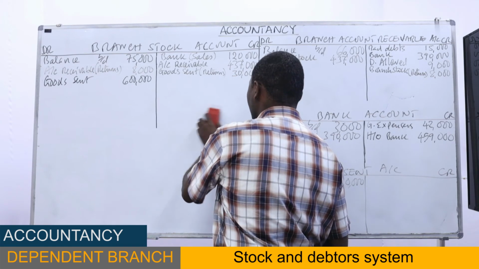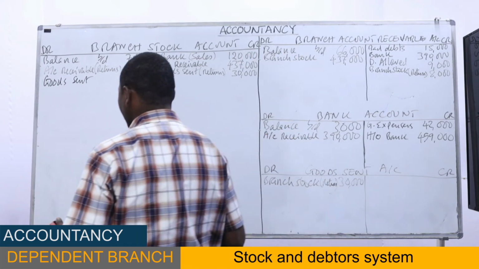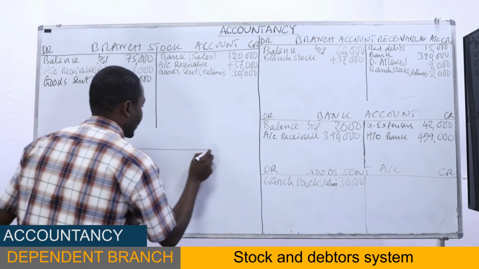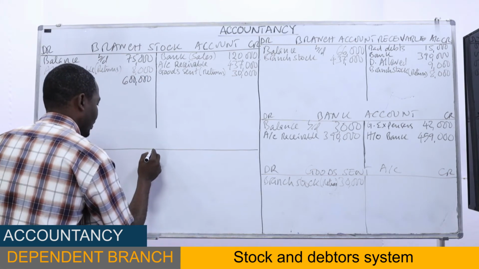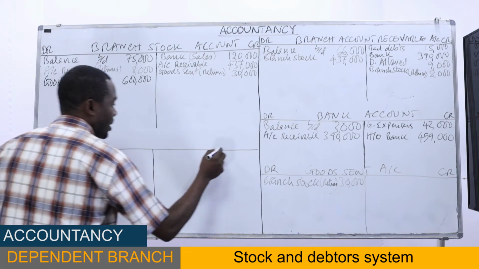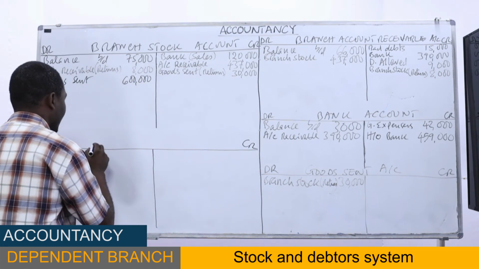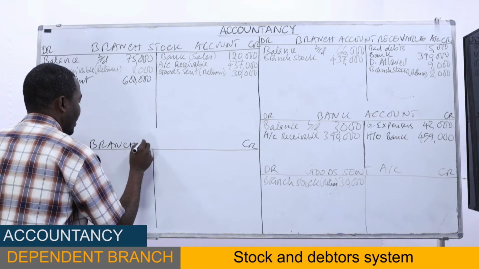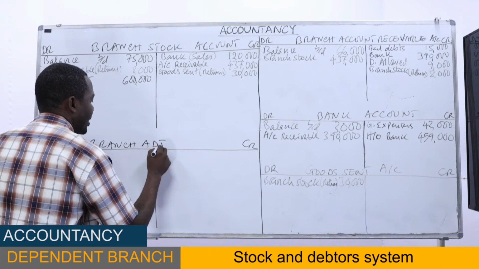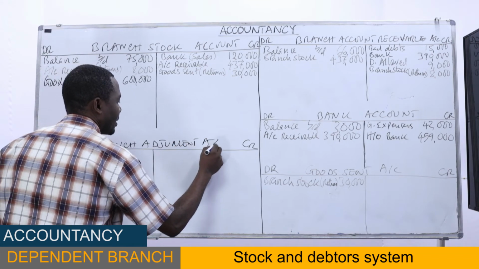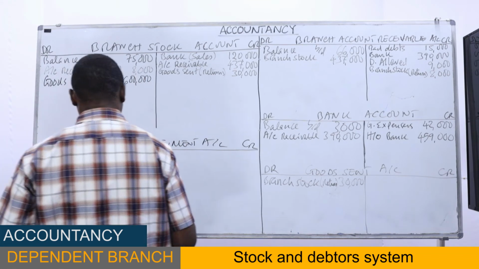Let us open the branch adjustment account here. Debit, credit. That is the branch adjustment account.